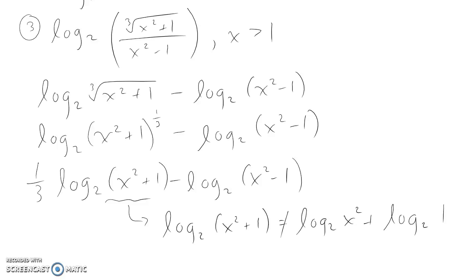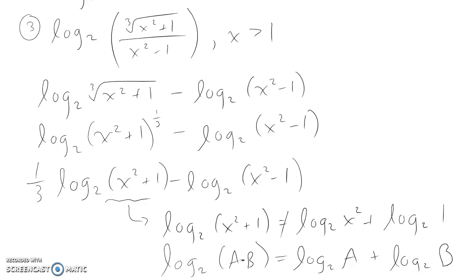You're taking the logarithm of something else, so you can't actually distribute it. And remember that the property actually says that log base 2, or any base, of a times b can be separated up into the sum of the logarithms. It's not if you're adding something and taking the logs. It has to be multiplication.